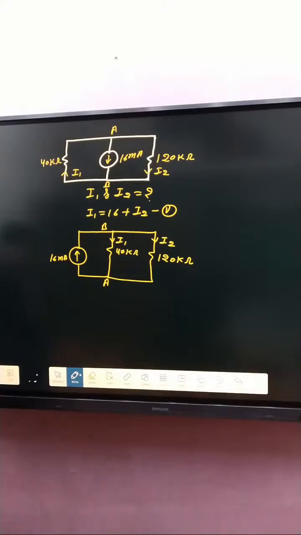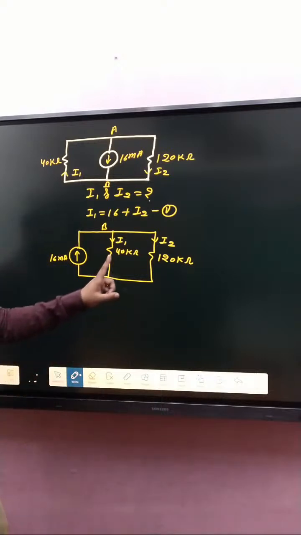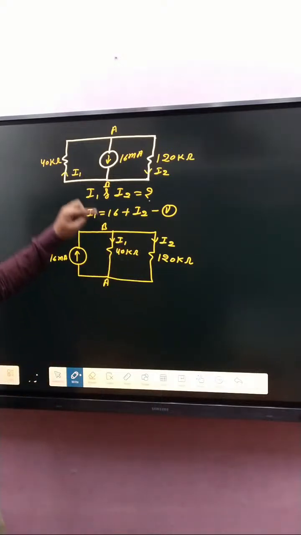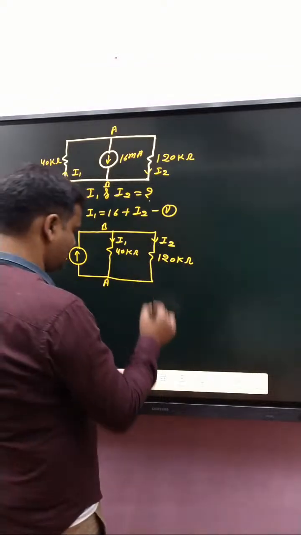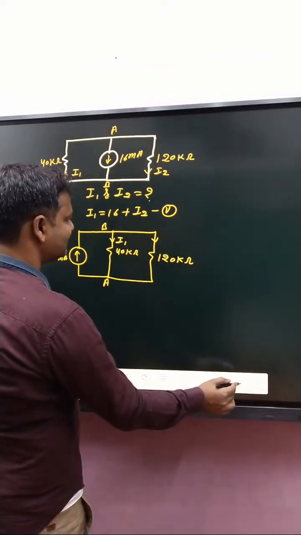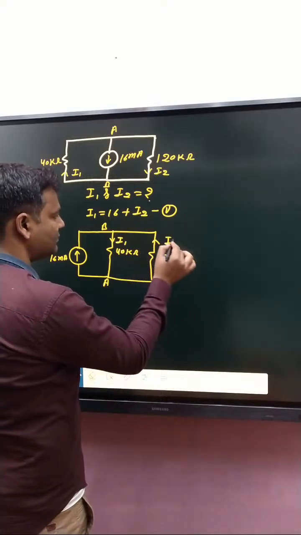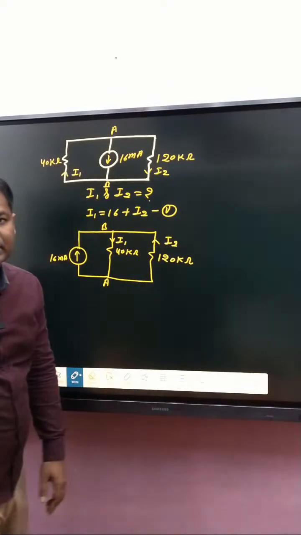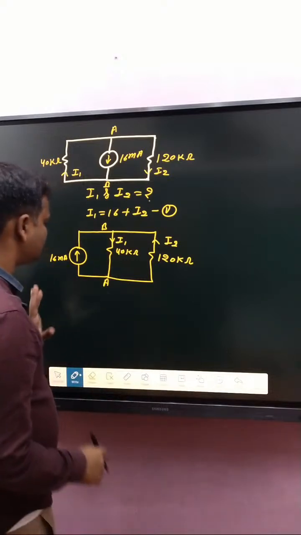If you see very carefully, B to A is I1, A to B is I2, and we are focused on that. We can use the current division rule.